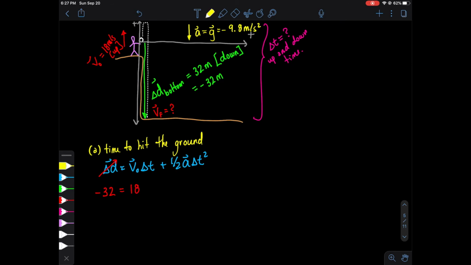The change in time, that's what we're looking for, times 1/2 times the acceleration, because it is motion under gravity, which is pointing downwards, so we're going to replace it by negative 9.8, delta t squared. Now let's try to simplify this a bit. We're going to move the negative 32 to the other side.